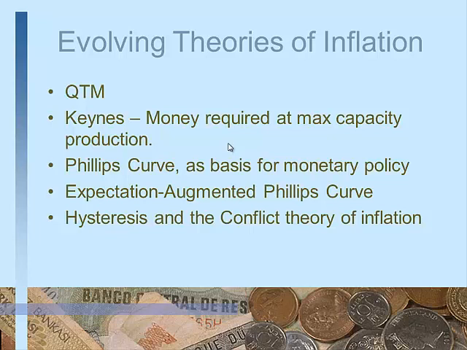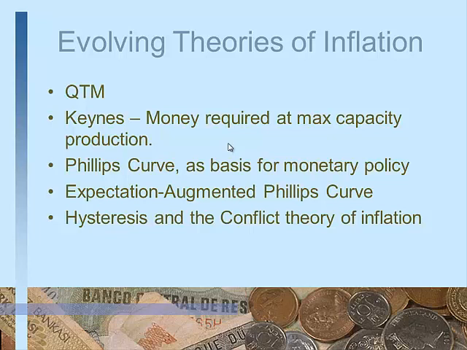So this Phillips curve was used for policy for a while, and it worked fairly well. But then there was stagflation in the 1970s. Basically, the Phillips curve worked in the 60s as the basis for monetary policy, and it worked well.